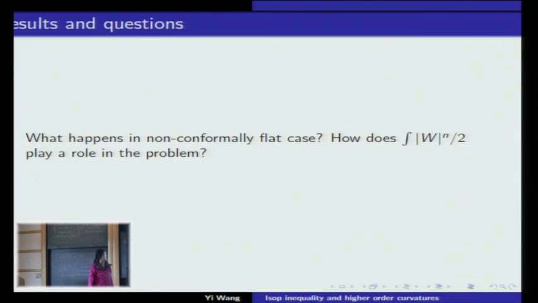This term appears when the conformal class is not conformally flat. The question that I'm thinking about is whether the L2 norm of the Weyl tensor could play a role in the isoperimetric problem. And we're also thinking about what kinds of more examples of weird isoperimetric behavior could appear when the Weyl tensor is non-zero. Okay, so let me stop here.